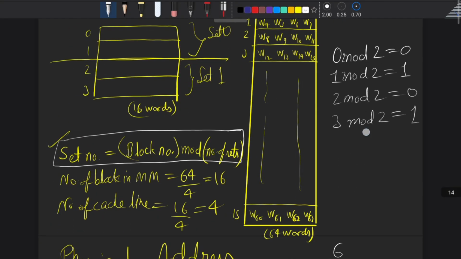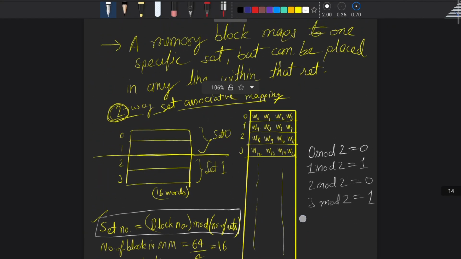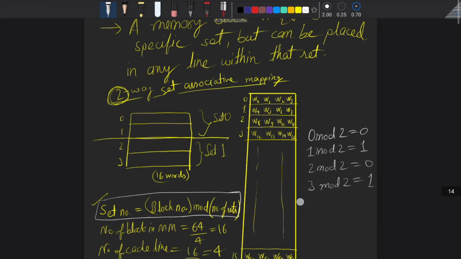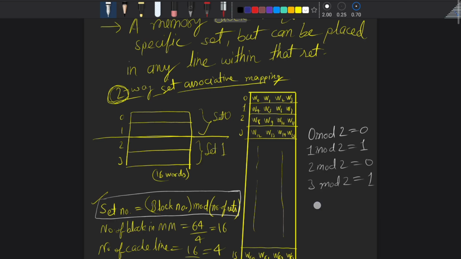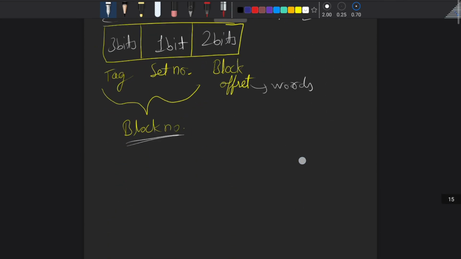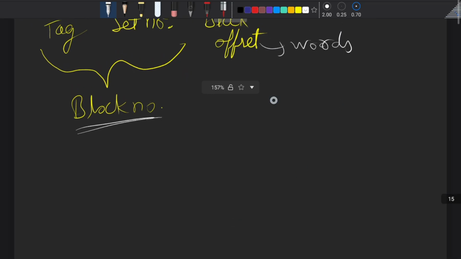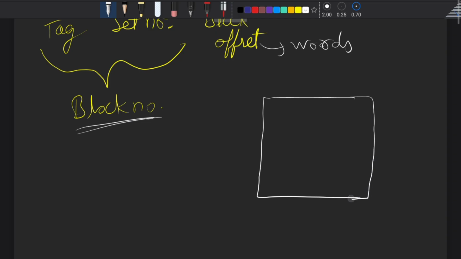Now let's see how we know whether it is a case of hit or a miss. So let's make an initial case for our cache memory. Here is our cache memory.